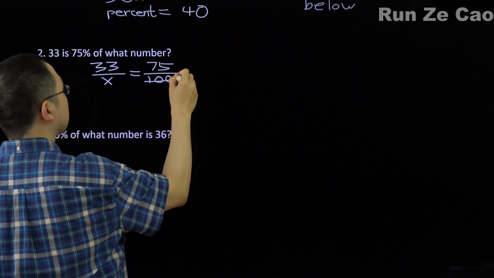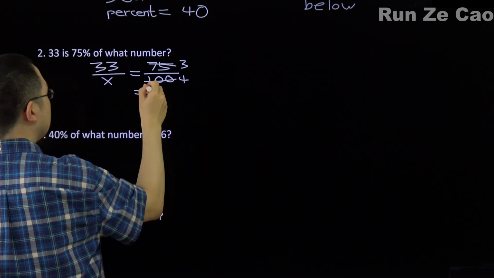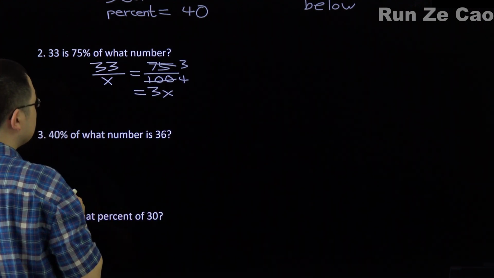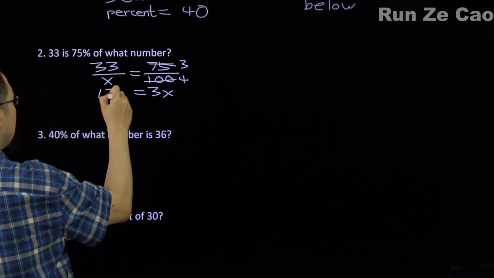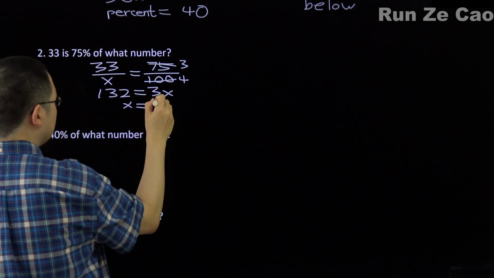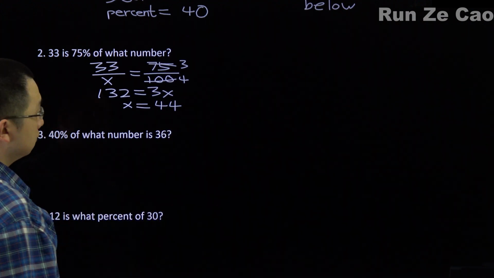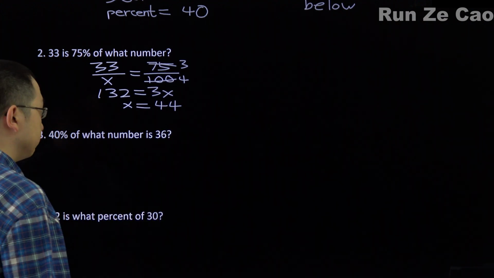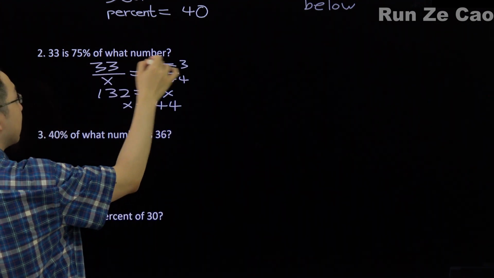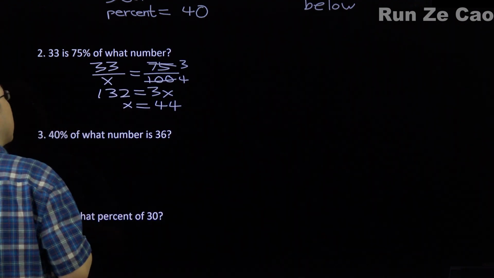But hey, you can cancel this to give us 3 over 4. So 3x is equal to 4 times 33. 132. X is equal to 44. You could also have gone and canceled this to be 11 and this to be 1 beforehand.